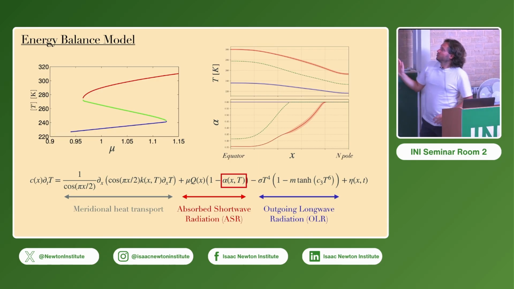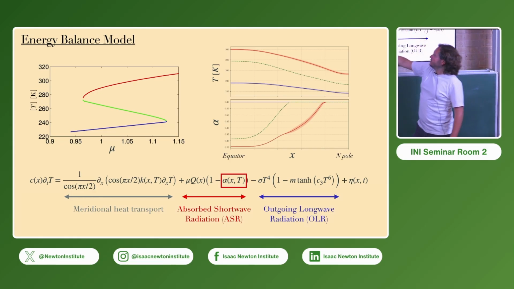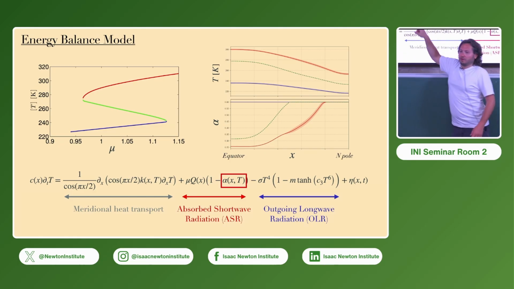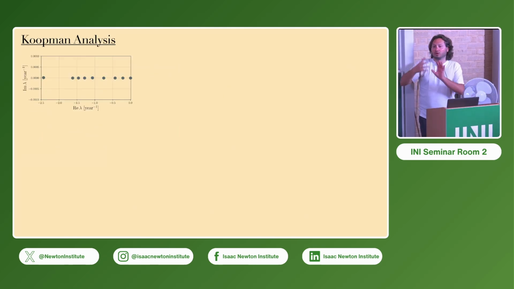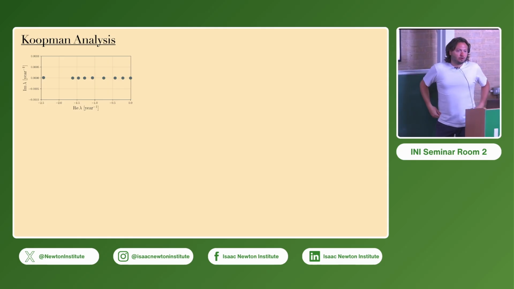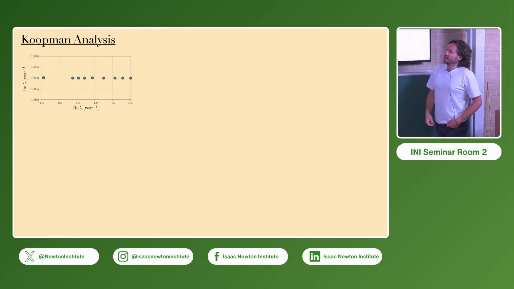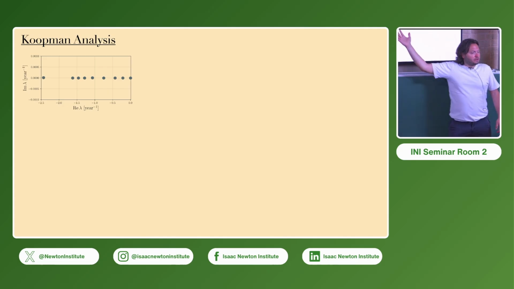Okay, great. So we put ourselves in the warm state, at the current level of solar irradiance, we have the time evolution of our fields, and then we do our Koopman analysis. This is KDMD with a Gaussian kernel. What we see are these eigenvalues here.